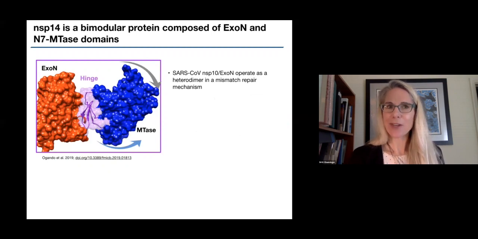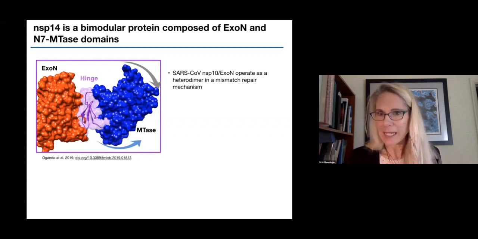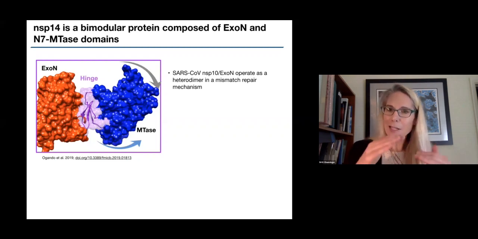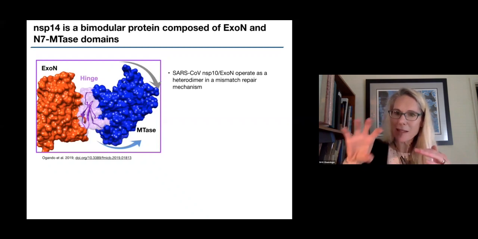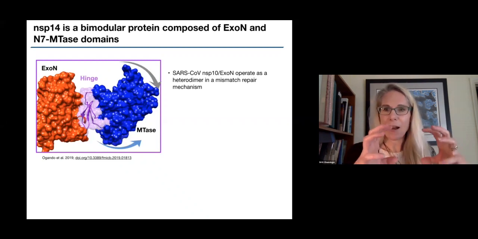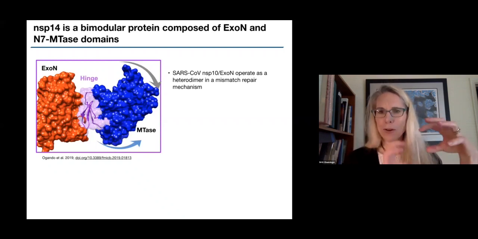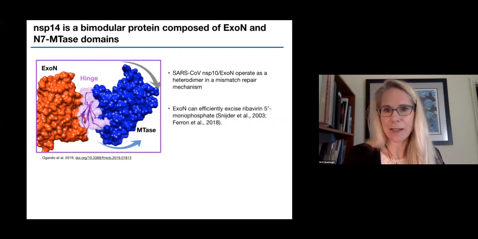It's got an ExoN domain that coordinates with another viral protein, NSP10, to operate in what's thought to be a mismatch repair type mechanism of proofreading. Then there's a flexible hinge region and a second domain that has the methyltransferase activity thought to be important for messenger RNA capping for the virus. So it's got these two functions in two separate domains that can probably, because of this flexible hinge, do their activity as needed for the virus.